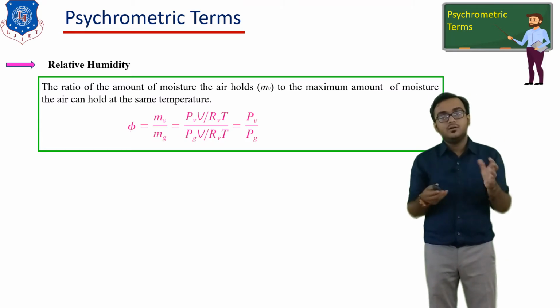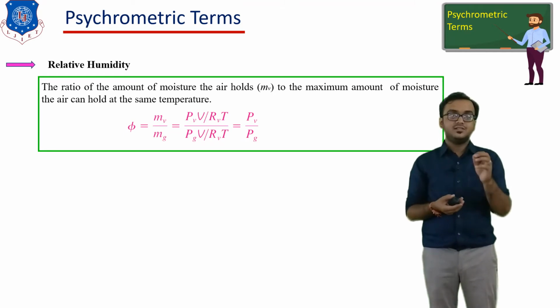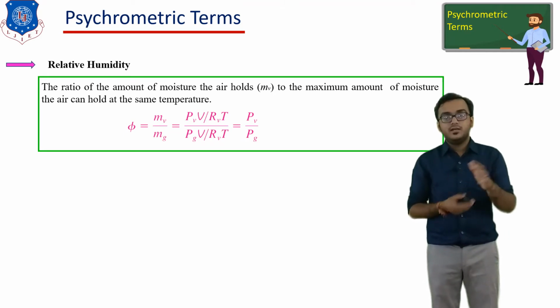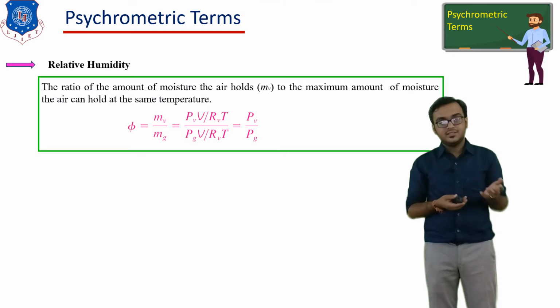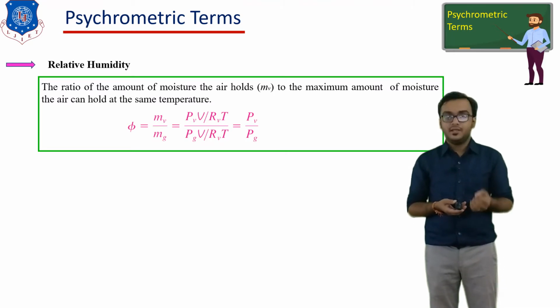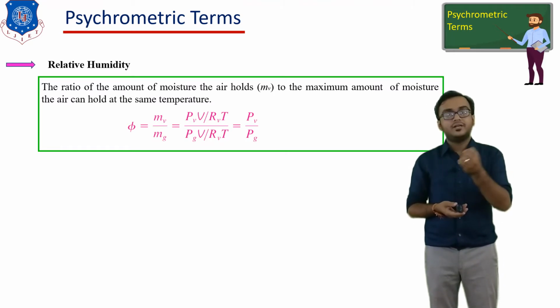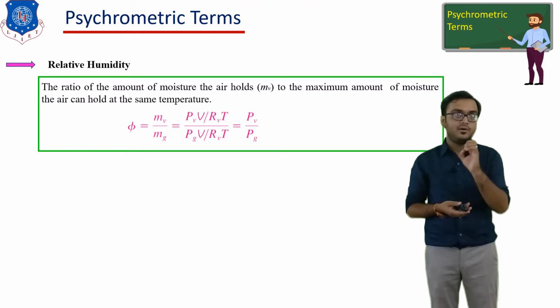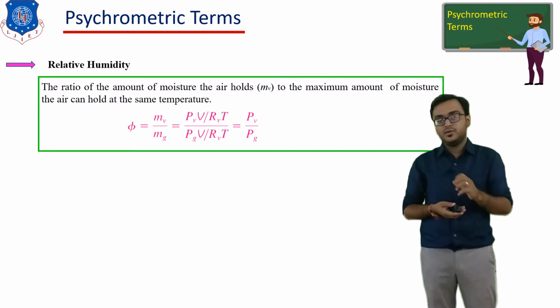For example, in a current situation, let's consider the humidity to be 5 gram per kg of air, particularly the specific humidity.